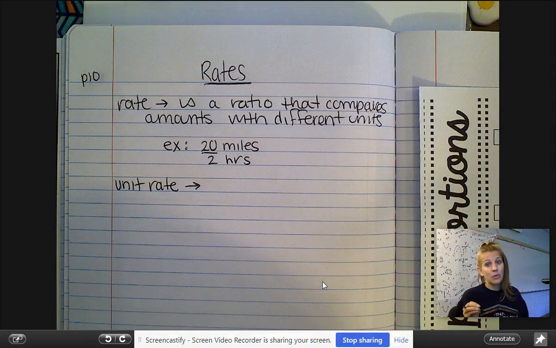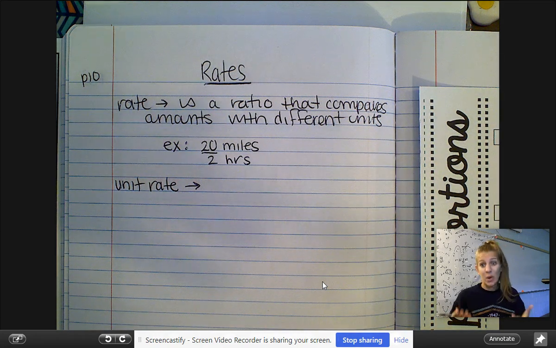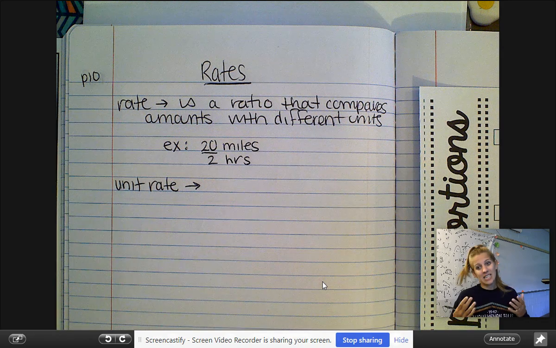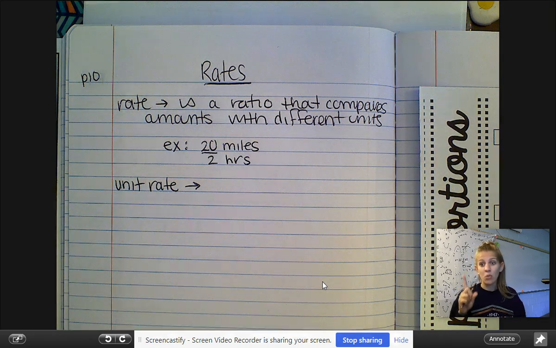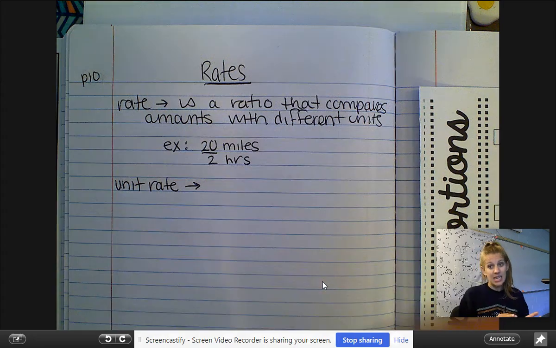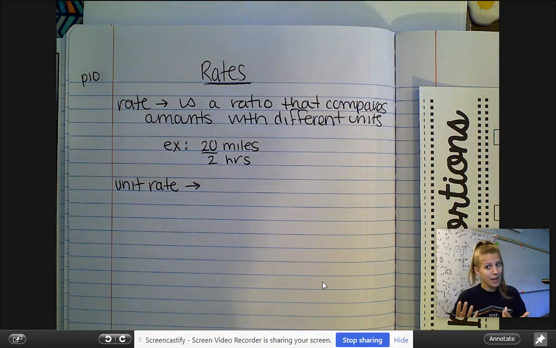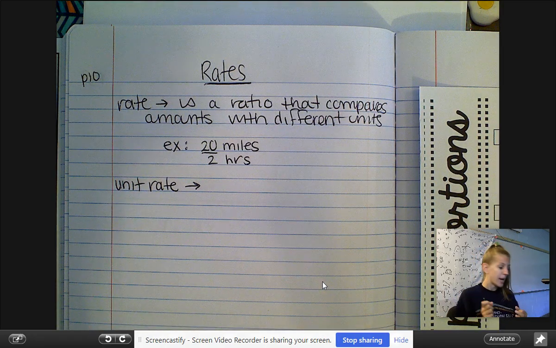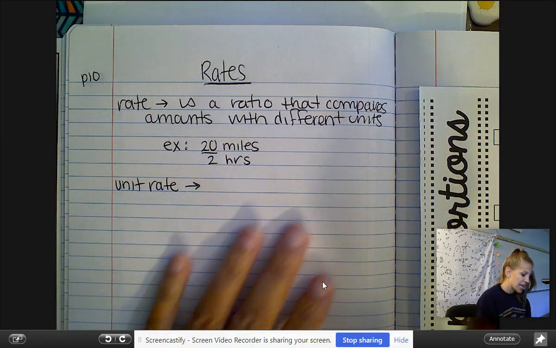And that's really powerful because then you can compare which one is a better buy. Like if I'm getting toilet paper, if I want to see how much it costs for one roll of toilet paper in the 36 pack compared to the 18 pack to figure out which one is a better buy, it'll tell you the unit price. So that's why it's really good to understand.